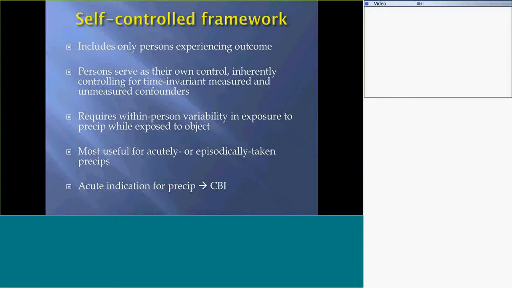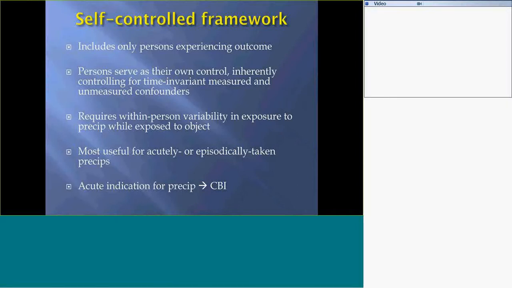You can also think about conducting self-controlled studies, that is, studies that include only people that have the outcome of interest, that is hypoglycemia. In these types of study designs, people serve as their own controls functionally. So this inherently controls for factors that don't change over time, whether or not they're measured or unmeasured confounders.